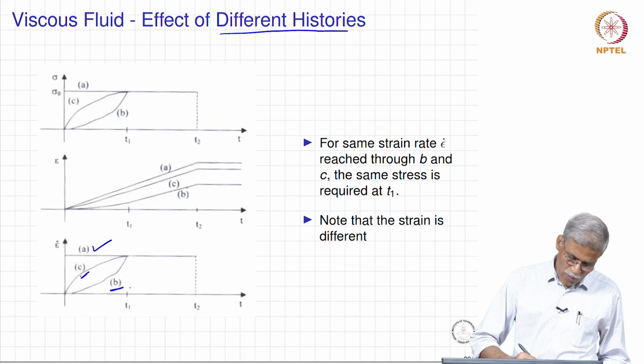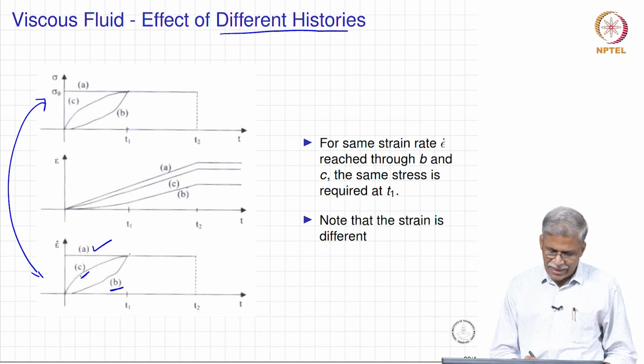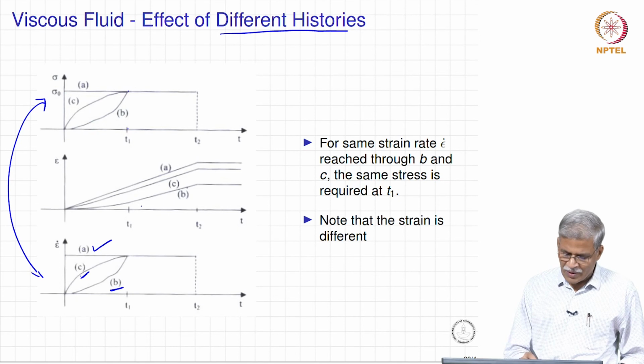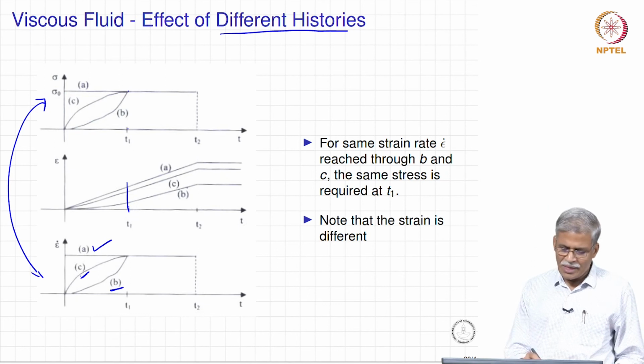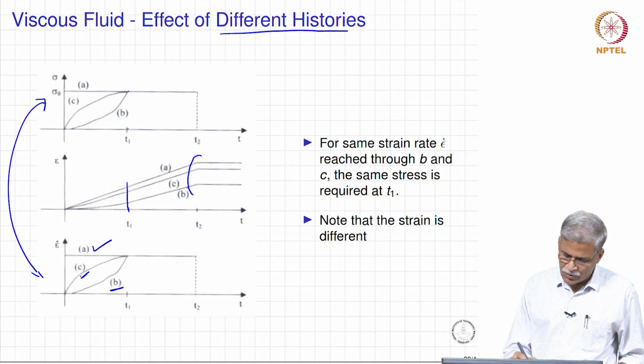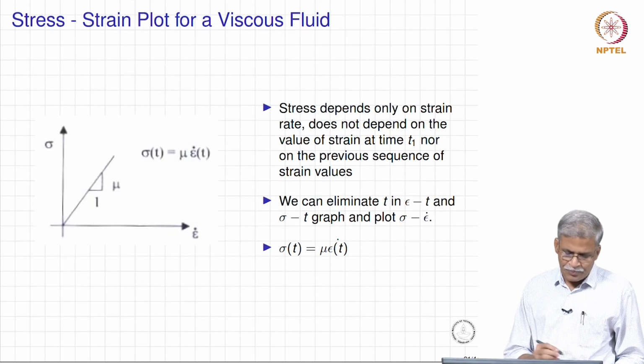While you might reach sigma naught at the same point if you look at these two graphs, since the strain rate is completely different, the actual strain that you reach at T1 is not the same, and the strains are going to be completely different, and even here also the strains are going to be completely different. Okay.